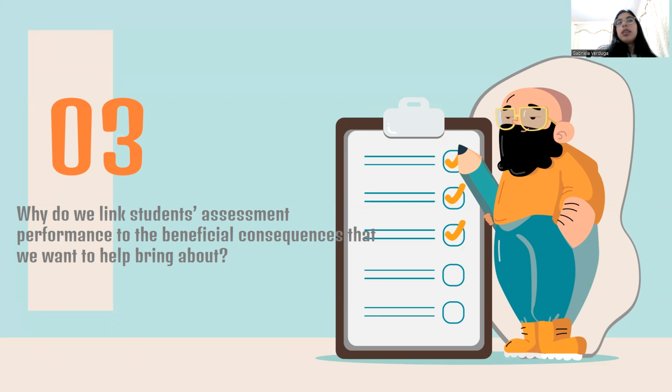We can use it to review how they are working in our subject. Another important thing is that if we link a student's assessment performance to the beneficial consequence, we need to know, for example, if we need a different planning for our students, or to change the methodology, and other things so that we can achieve our goals in our class.